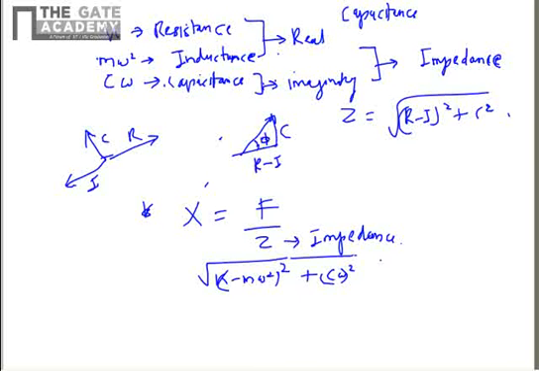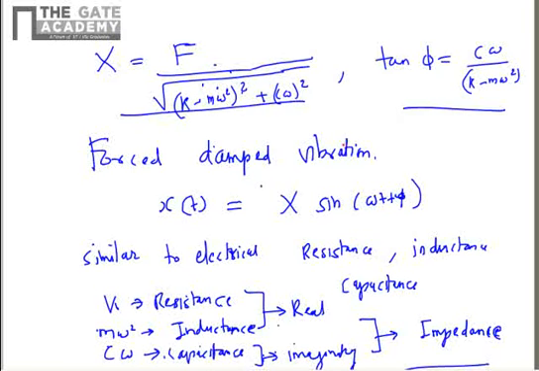This is the phase phi, and it can be given by the ratio of the perpendicular and the base. You can draw similar analogies here. It helps to visualize better, because if you have taken a class in electrical engineering, you have studied alternating current. Our forced damped vibration is nothing but similar to alternating current.